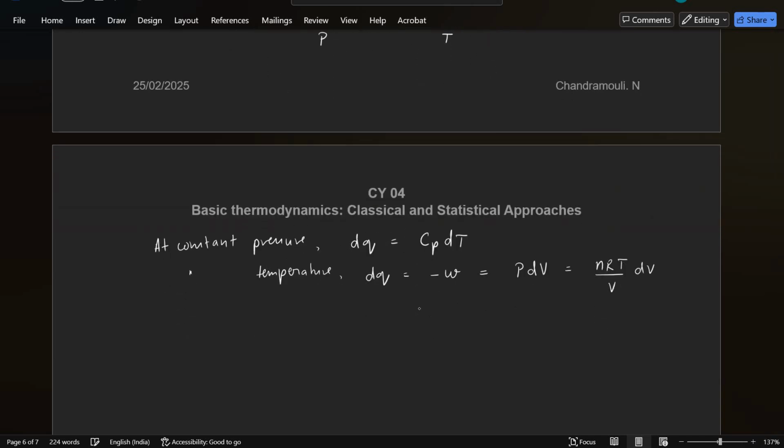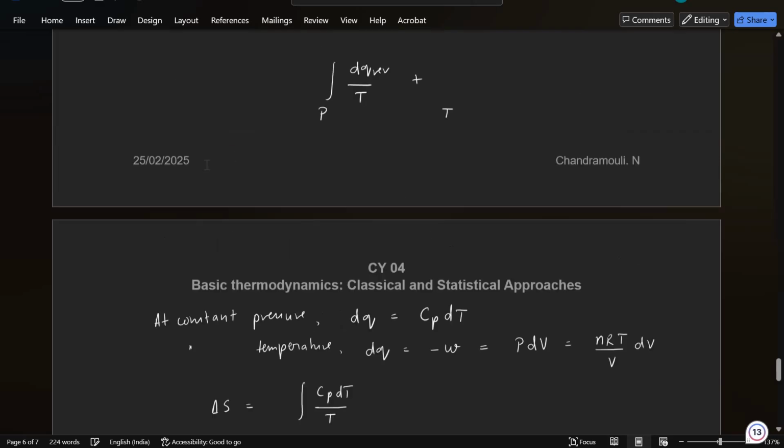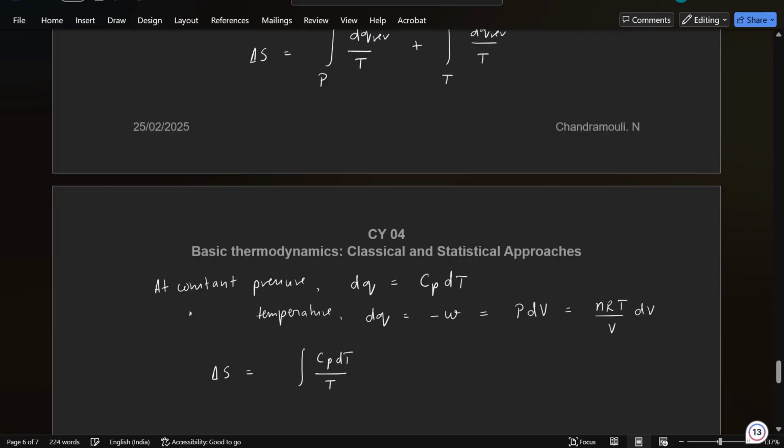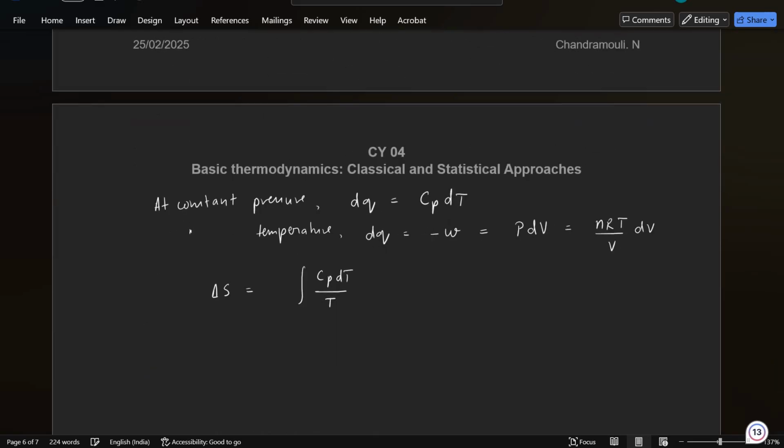So now we'll substitute all these in delta S. Cp dT by T, and the temperature range is going from T1 to T2, correct? Yes, T1 to T2.